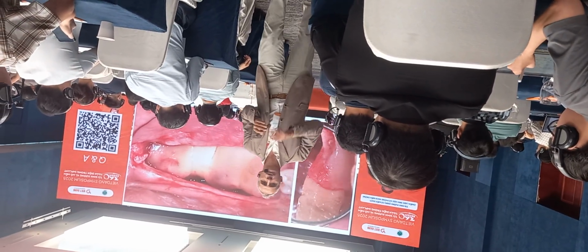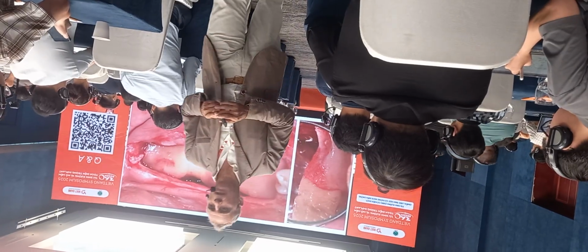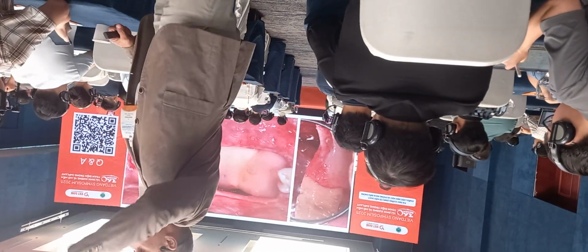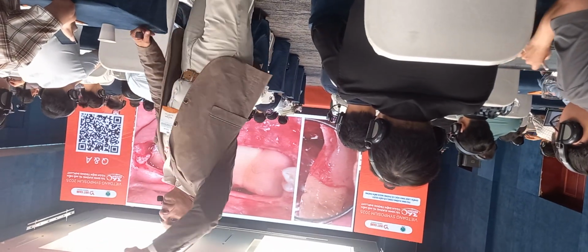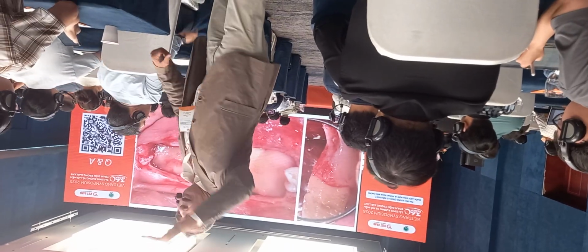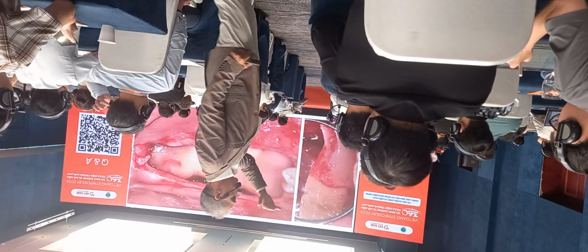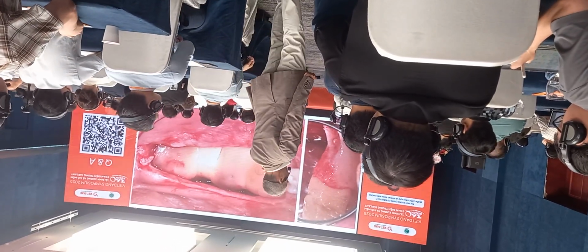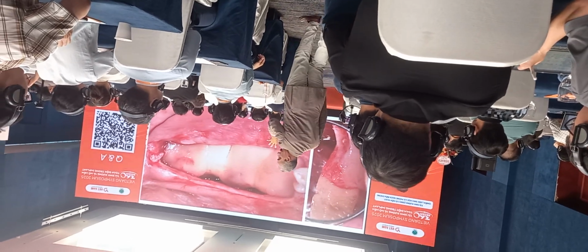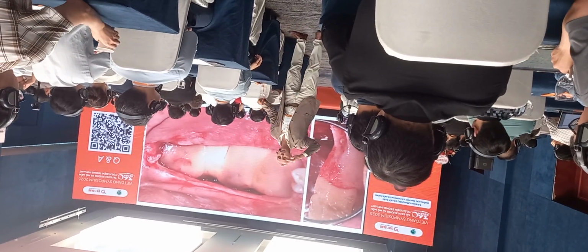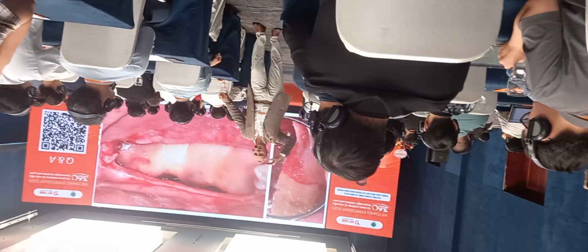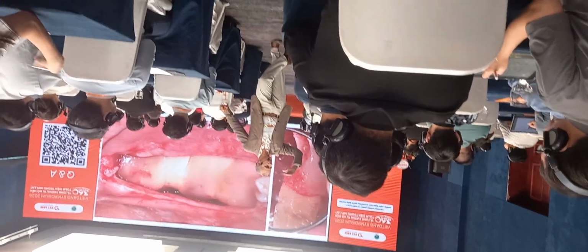Try to understand me. Try to imagine that the head of the implants that you place at the time of the GBR is placed 1 millimeter more coronally than the residual bone peak.